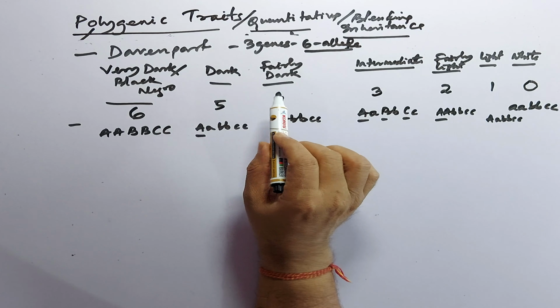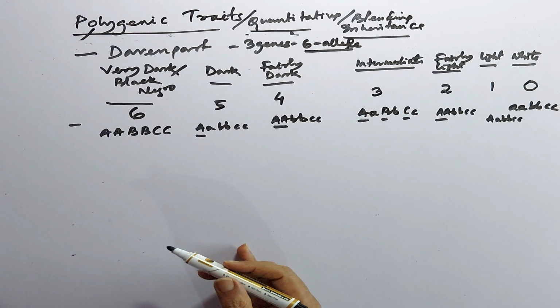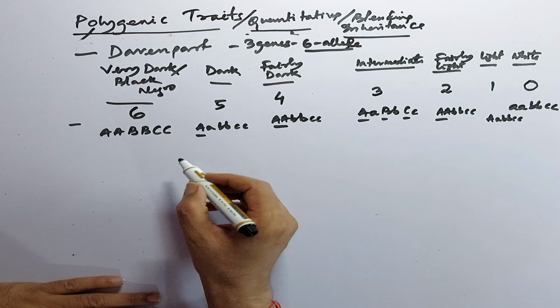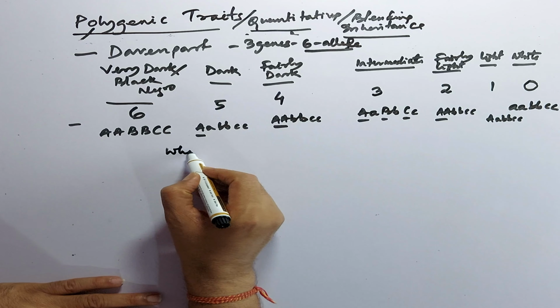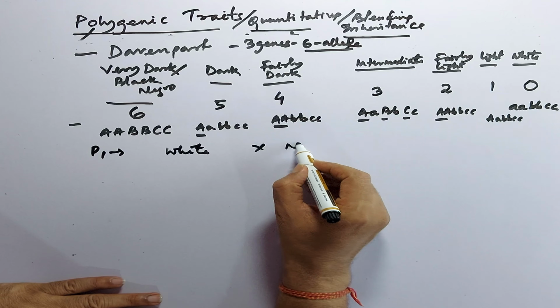So when we cross, this is P1, white with negro.